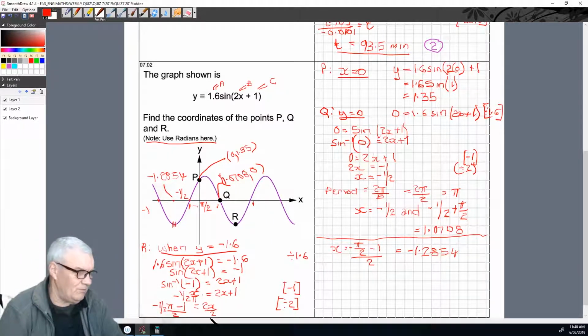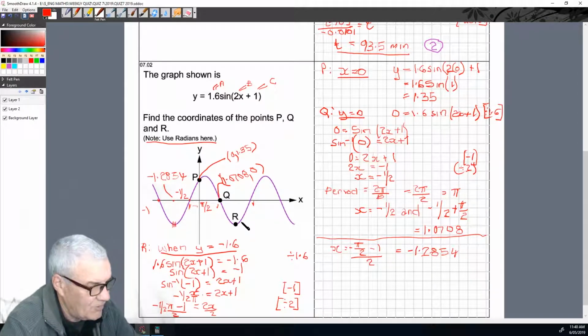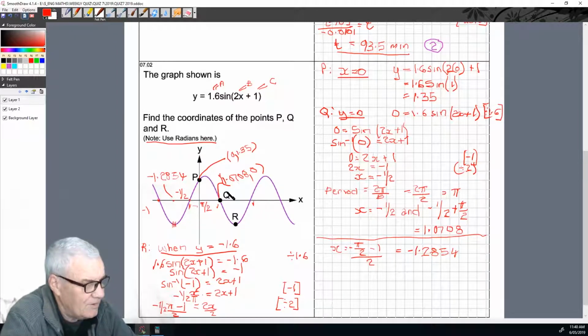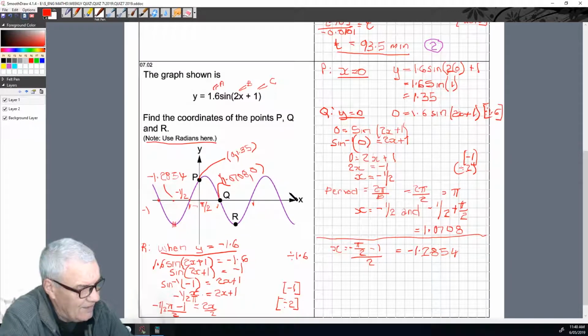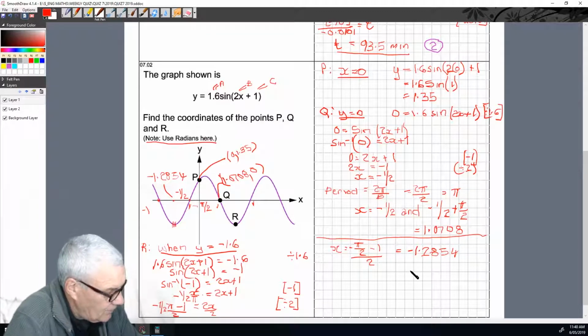That's not the one we want. We want this one over here. From there to there is a whole period. That's the period. The graph starts there and then it's starting here again. So that is one solution.